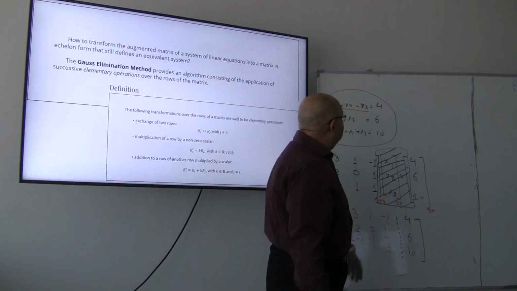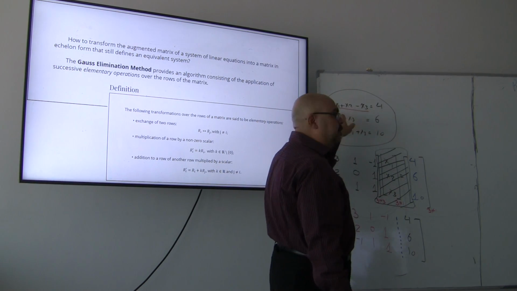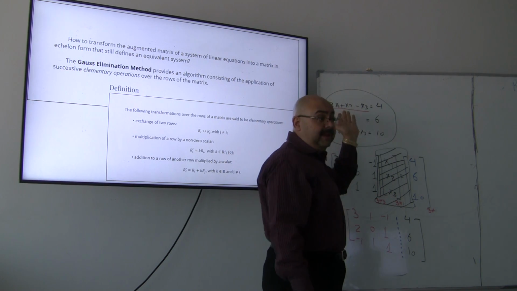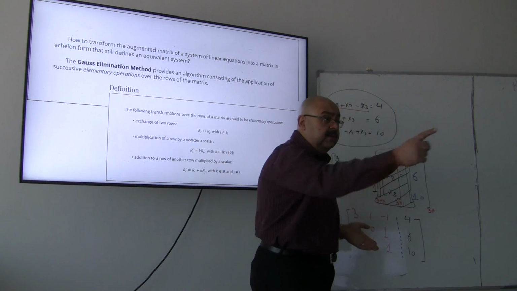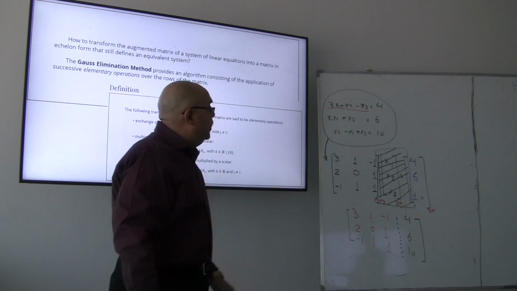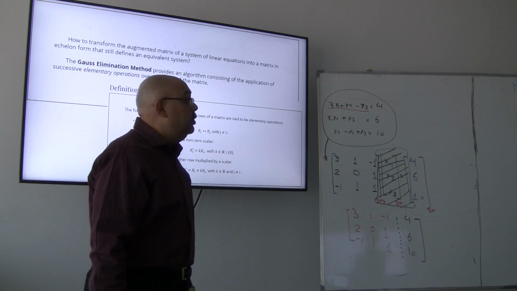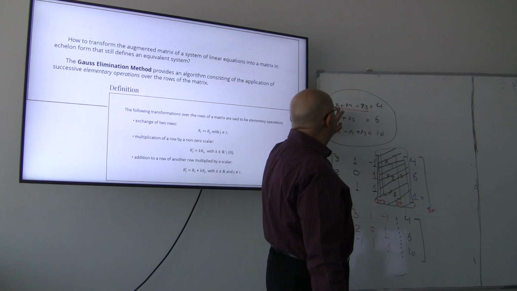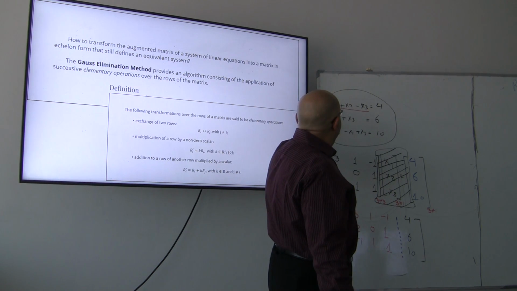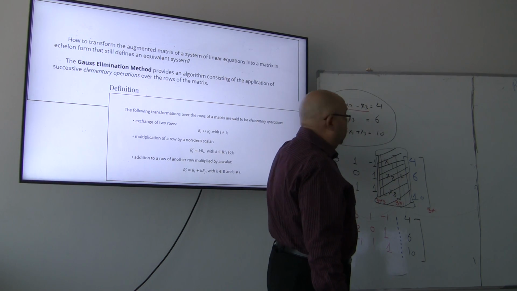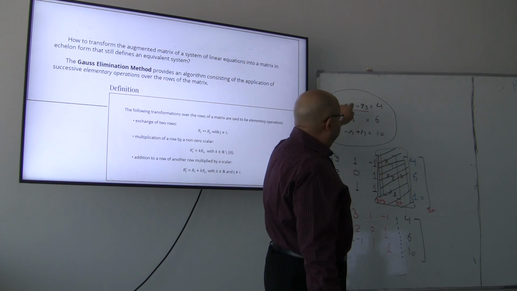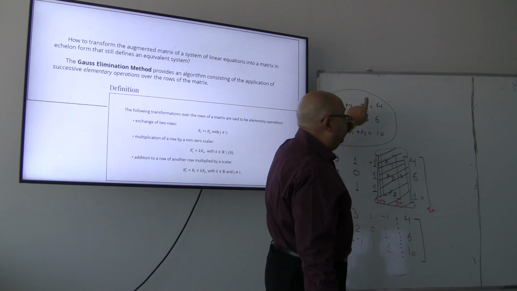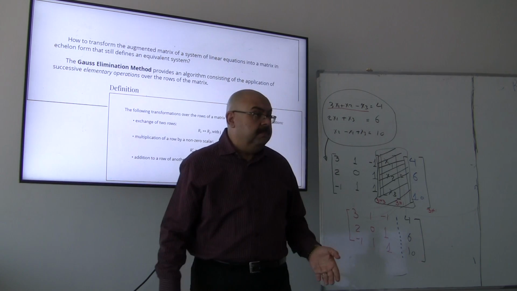Remark: multiplying any equation by a constant number, and it is a balanced one, is it going to change anything? So instead of dealing with 3x1 plus x2 minus x3 equals 4, I will deal with x1 plus x2 over 3 minus x3 over 3 equals 4 over 3. Is it the same?